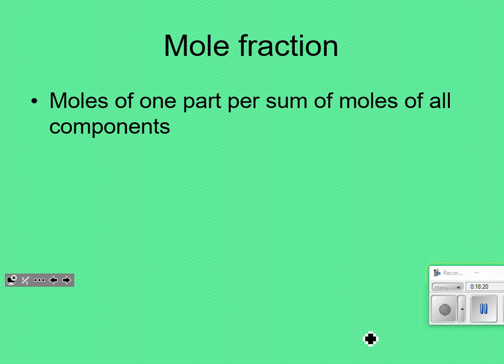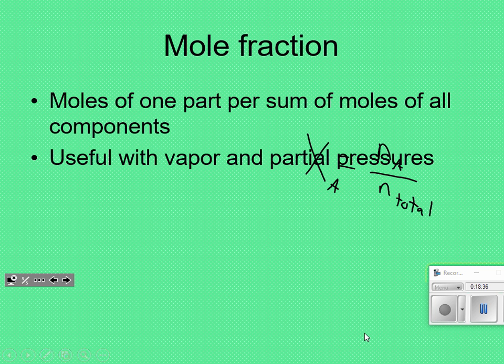Again, our text, or I believe the equation sheet, gives you X, like XA, so the mole fraction of A is the moles of A divided by the total moles. And I believe that equation is given to you on your equation sheet. We have already used this equation with partial pressure this year.